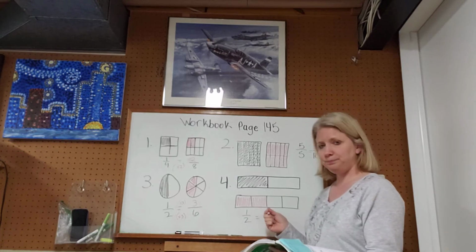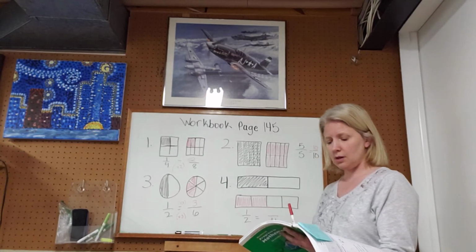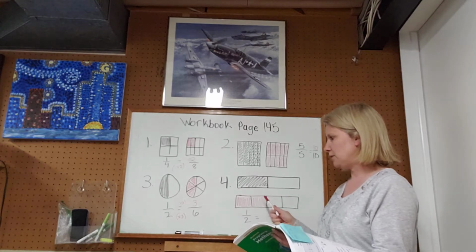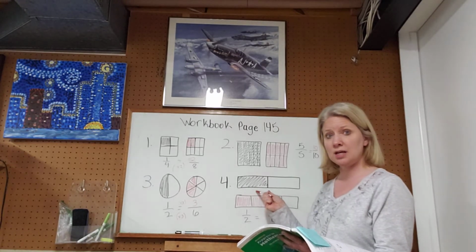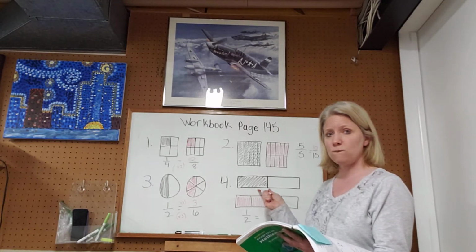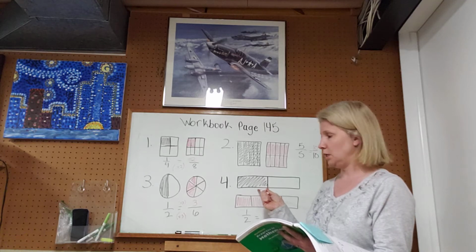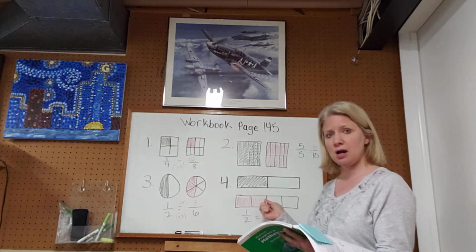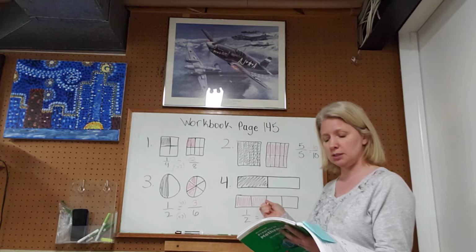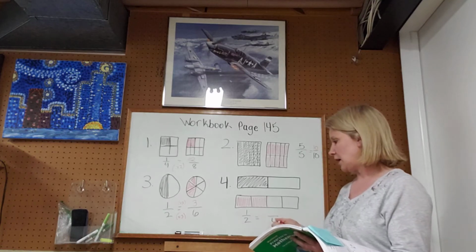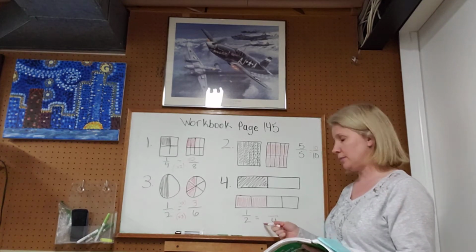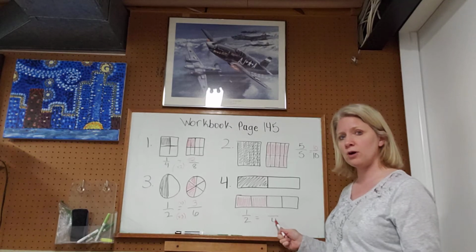Number 4, you have 2 bars that are the same size. The first one is cut into 2 parts, 1 out of 2. If I had the same size bar and I cut it into 4 parts, I have a 2 on the bottom and I have a 4 on the bottom.